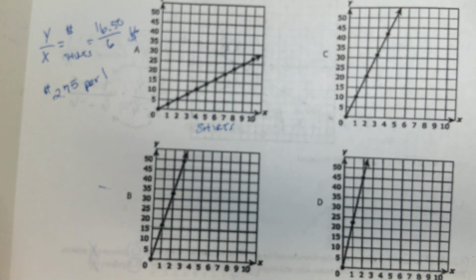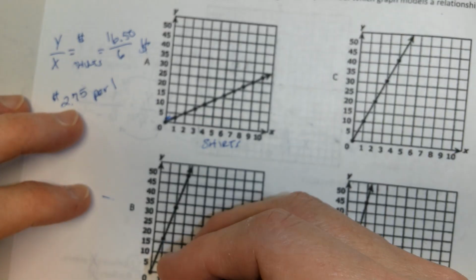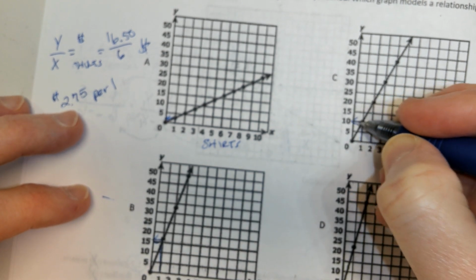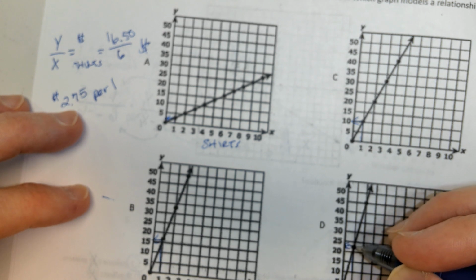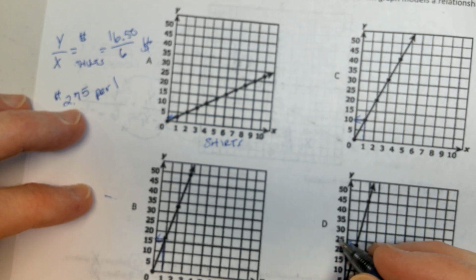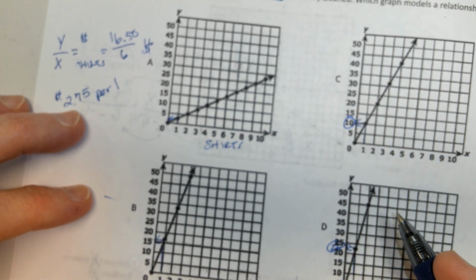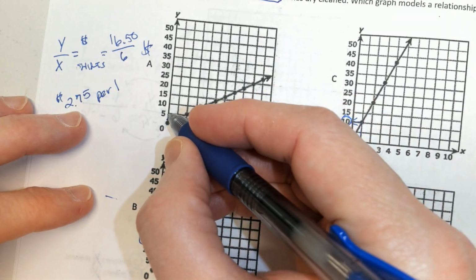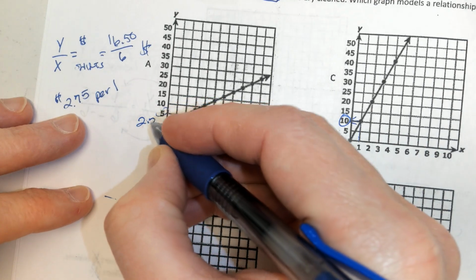Okay, so then you just go to 1 and go up to the line, go to 1, go over, go to 1, go over, go to 1, go over. This one, it's about 22. This one tells me it's 10. This one tells me it's 15. And yep, this one's right between 2 and 3. $2.50.